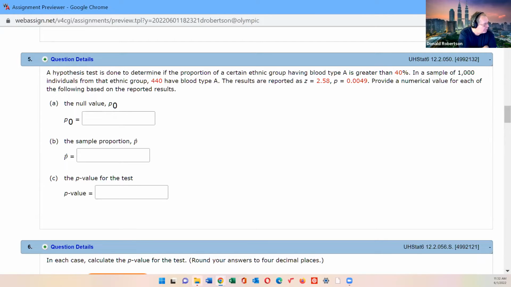Provide a numerical value for each of the following. So I'm not even needing Salt here, don't I just need to know where the information is and write it down again? So you want to know the p-value. There it is.